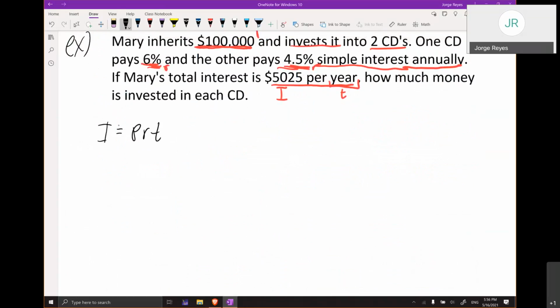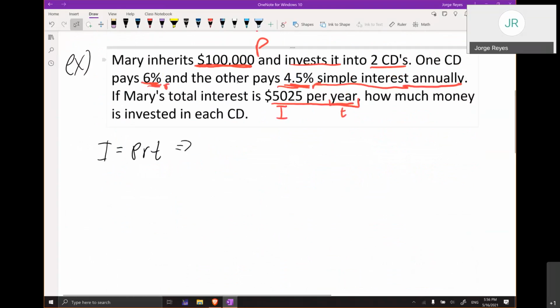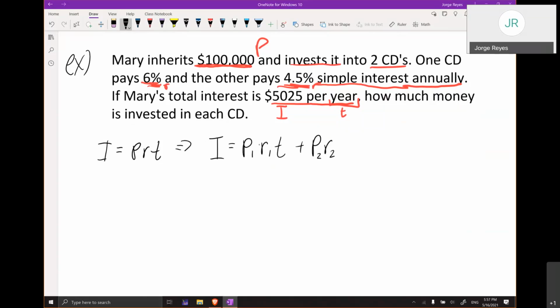But we notice that we have two separate rates, and she's investing into two separate accounts. So really, the interest formula we should be dealing with is like this, where we have two different things being added. So this is account one, you could call this CD1, and this is account two, CD2.